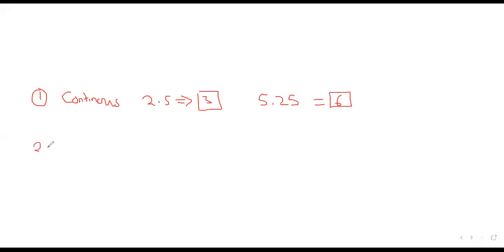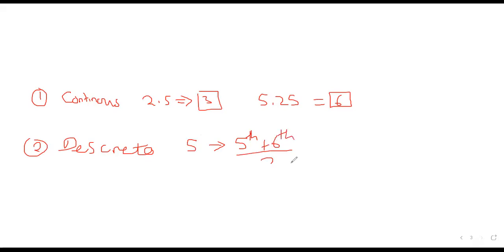If the number is discrete, by discrete I mean what? A whole number. You average with the next one. For instance, 5. 5 means what? The 5th number plus the 6th number, you divide by 2. If I get 10 as a whole number, what does that mean? 10th number plus the 11th number divided by 2. Are we together?